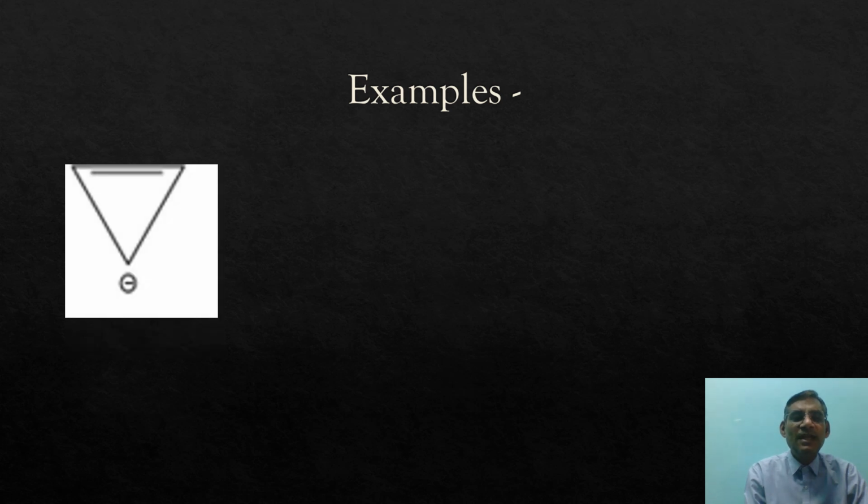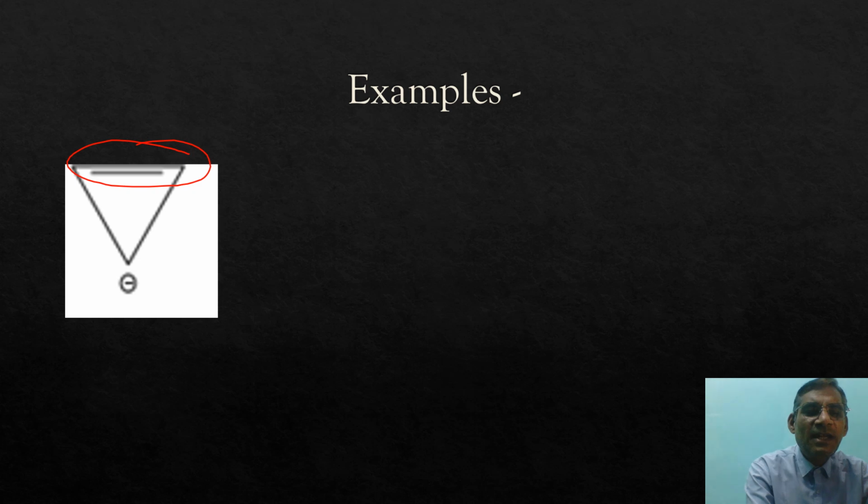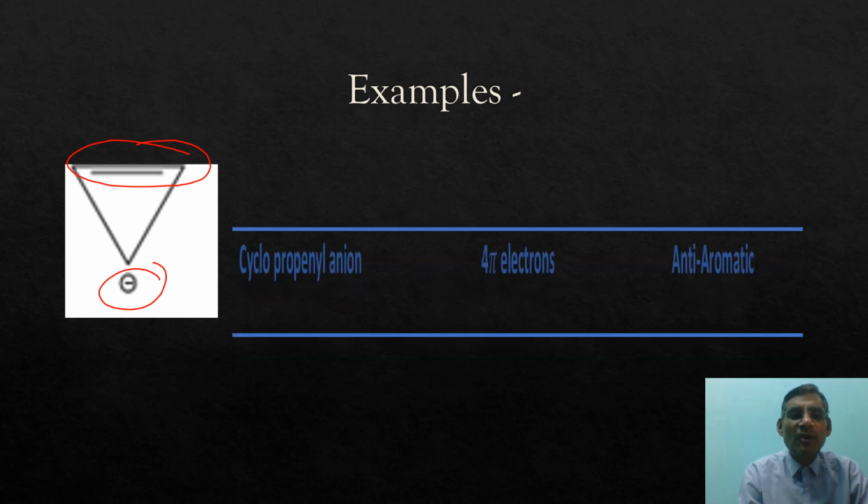Now see, in the next example, again here 2 pi electrons are there and one negative charge is there. So here conjugation is there. Now we will check whether Hückel's rule is followed here or not. What is the name of this ion? Cyclopropenyl anion.